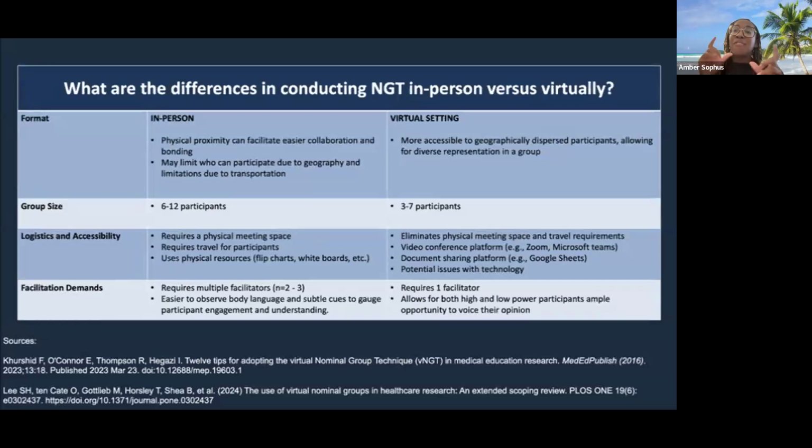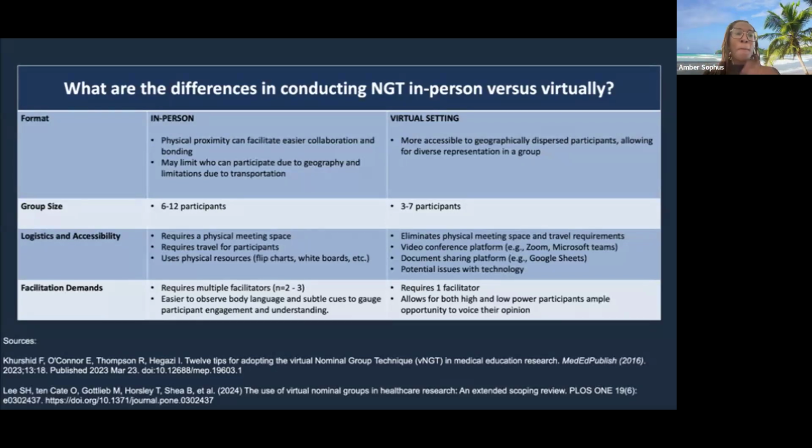Because again, you really have to monitor who's saying what, who's providing information, who may be talking a little too much, and you may want to get information from someone who maybe hasn't spoken that much throughout certain aspects of the silent generation of ideas or even during the discussion phase. So you really want to keep that in mind as far as your group size. But again, this really is dependent on your specific research topic and what the known to-dos are for conducting research within your discipline.